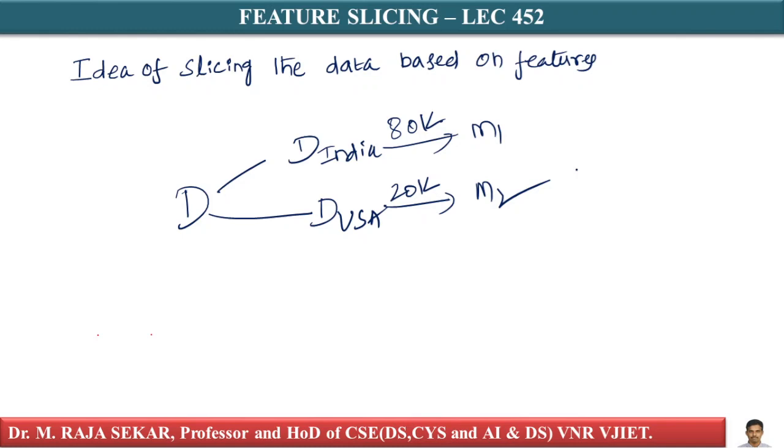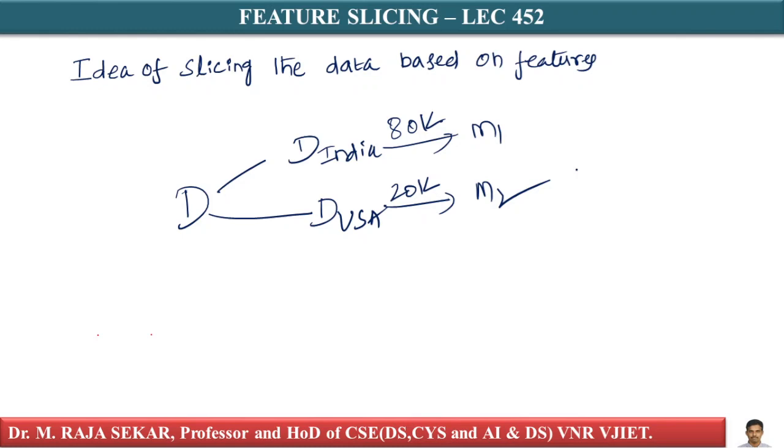And you can do this because you have a sufficient amount of data, 80,000 points in D India, 20,000 points in D USA. If D USA is small, you can't do much. Since you have sufficient data of 20,000 points, it is better to slice.